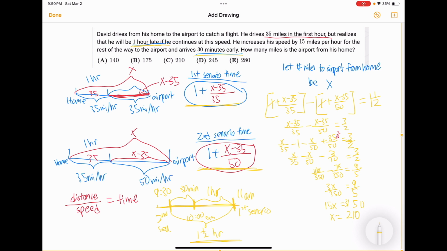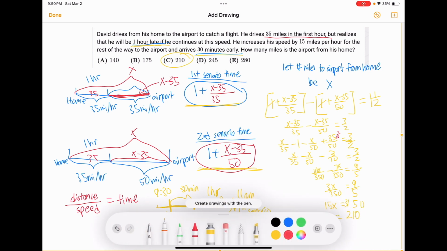Okay, so in the end, we solved for x and we got x equals 210. And so the answer is C, 210. And just to note that the way I solved it here, there's multiple ways to solve it. But how I solved it, this part right here, all I did was I separated these two into this, and then this.